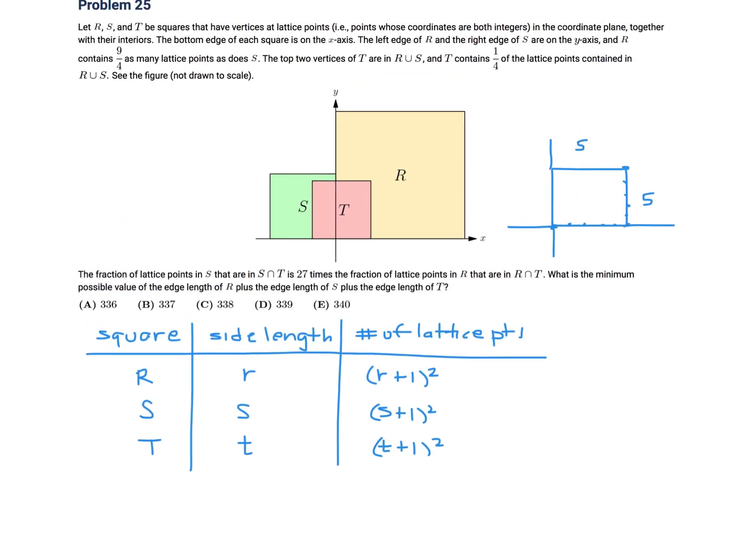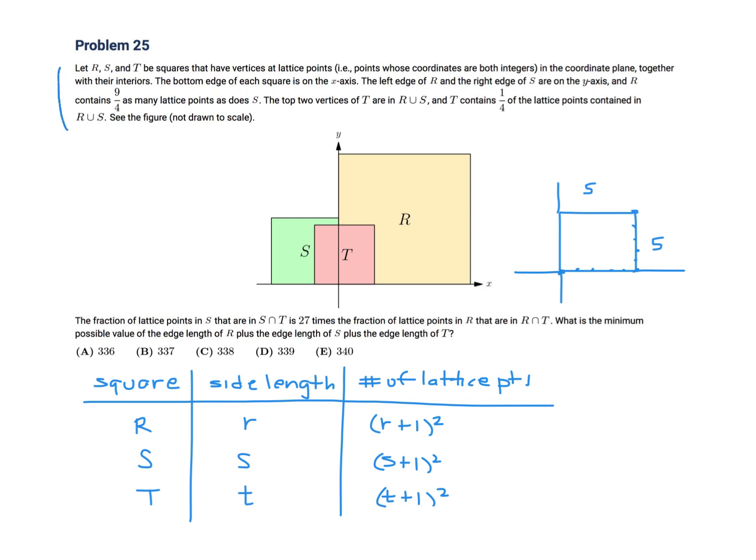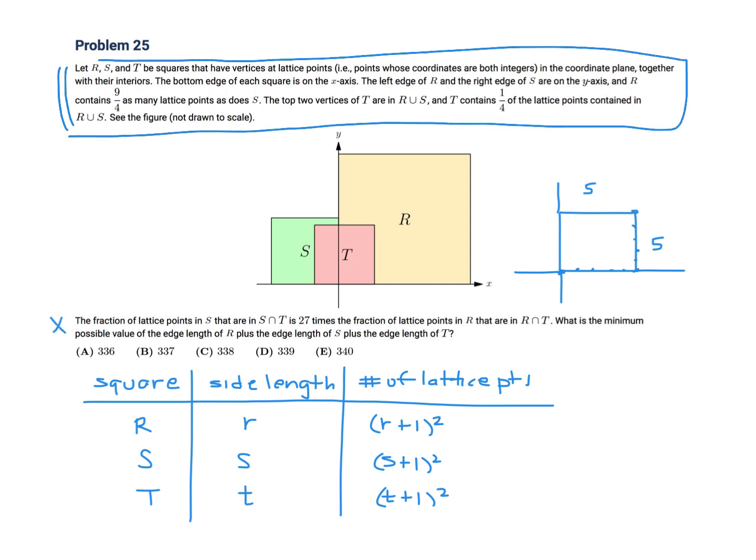I'm going to try to use just this part of the question, the left edge of R and the right edge of S, and then they tell us that R contains 9/4 as many lattice points as S. So that means R has r plus 1 squared lattice points, and it's 9/4 as many lattice points as S, which is s plus 1 all squared. So that's directly from the question.